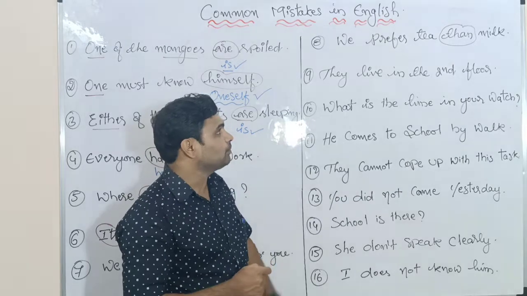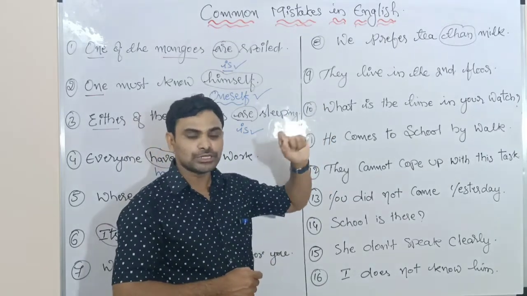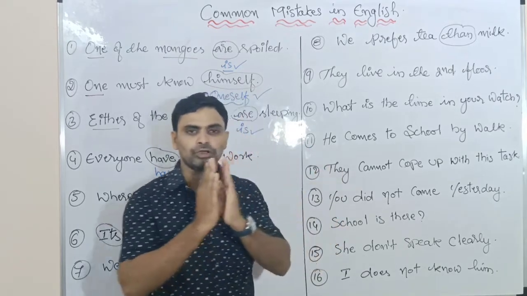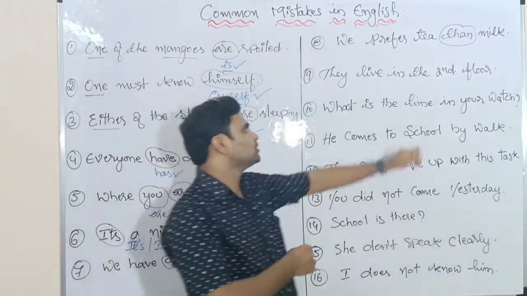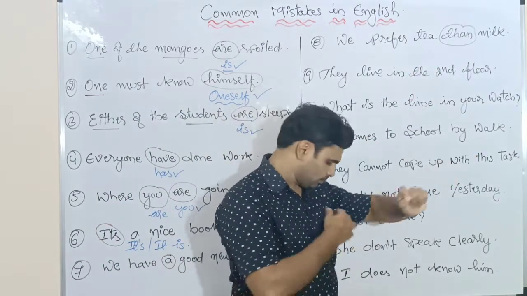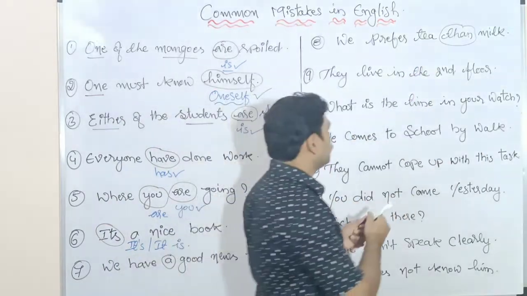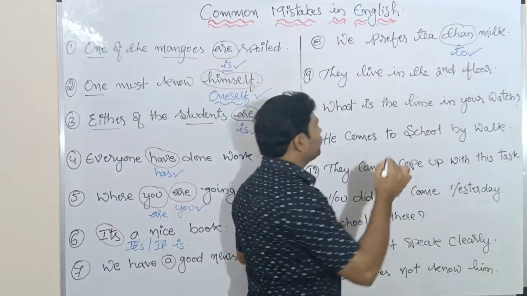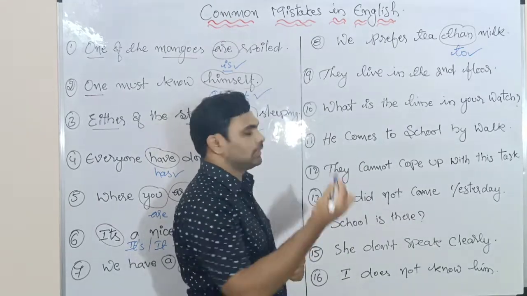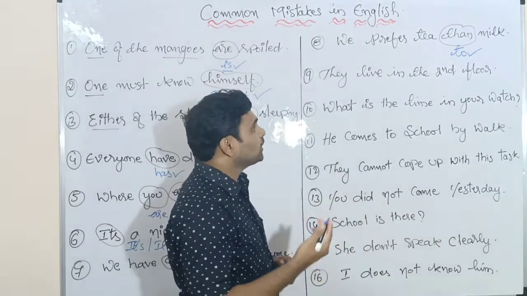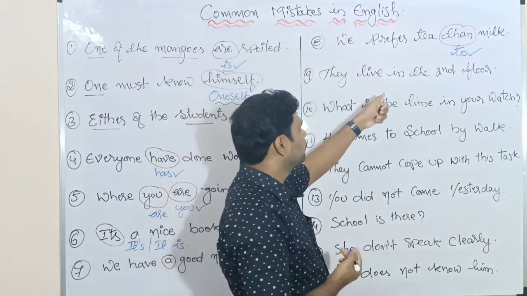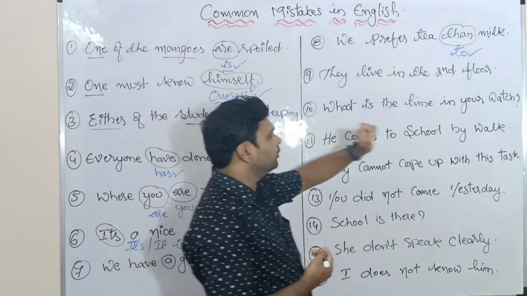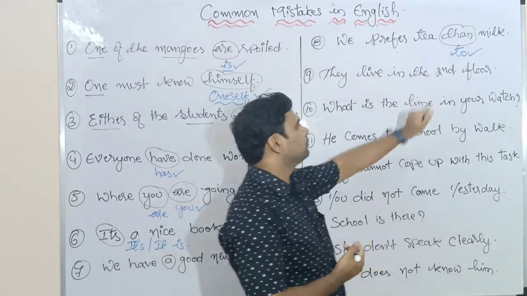We prefer our choice. When we speak about preference, about choice, we don't use than, but the preposition to. We prefer tea to milk. We are not comparing, but we prefer. Our option is tea, not milk. So use the word to in the place of than.